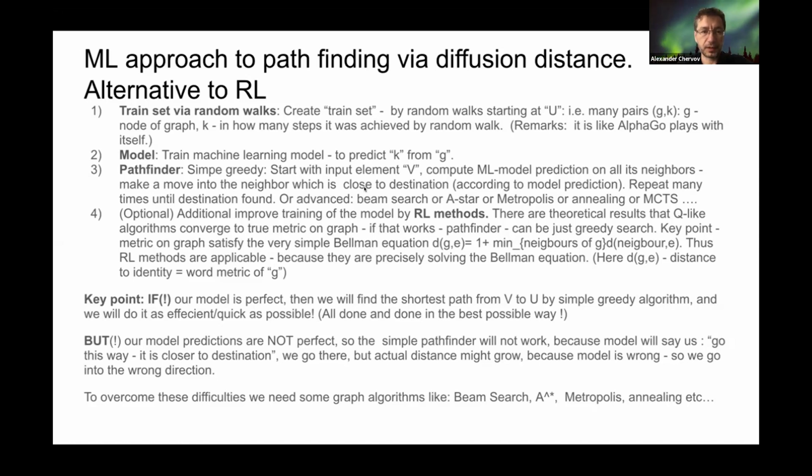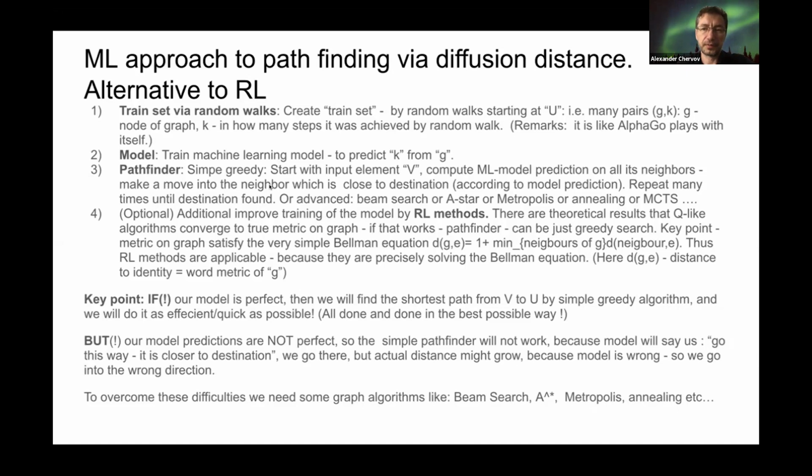Now the almost final step for us is to use this prediction to actually find the path. The idea is very, very simple. You start from some element, for example V, and you compute the predictions of the machine learning model for all the neighbors. Then you choose the neighbor which is predicted to be closer to the destination, to the identity, and you make a move to this node.